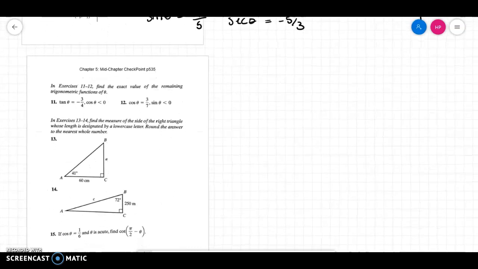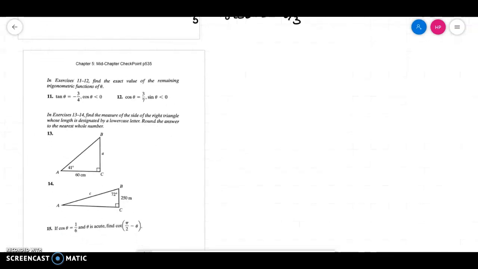Find the exact value if I know that this information is true. So for number 11, if I have a tangent that is negative, that happens up here in quadrant 2 and down here in quadrant 4 when sine and cosine are opposite in sign. For cosine to also be negative, that is either in quadrants 2 or in quadrant 3.